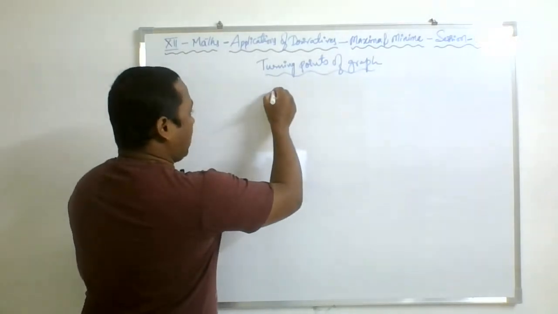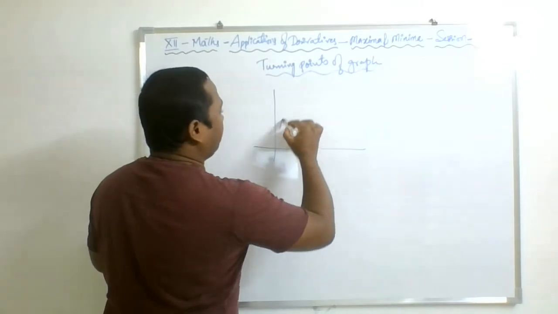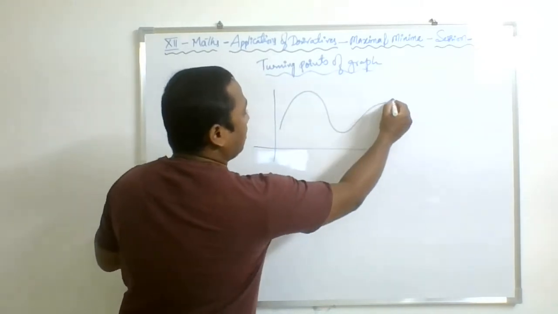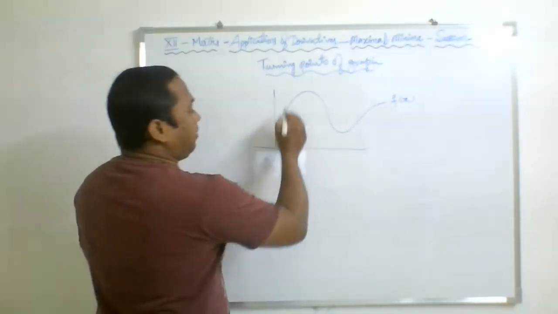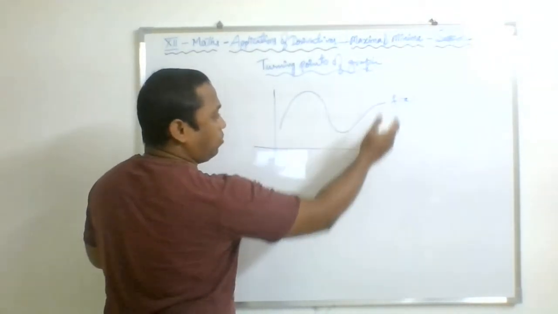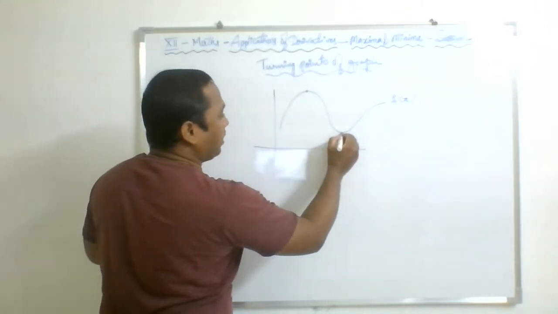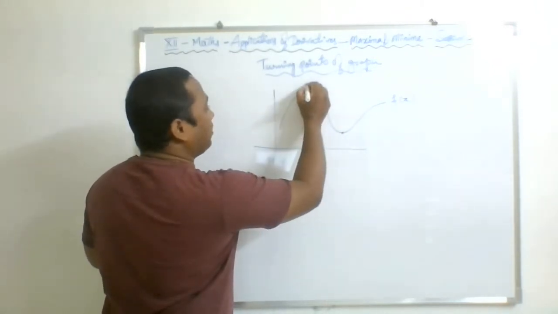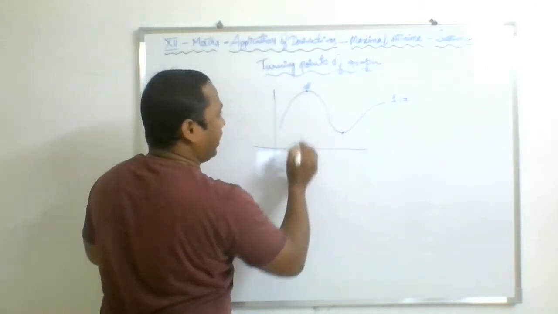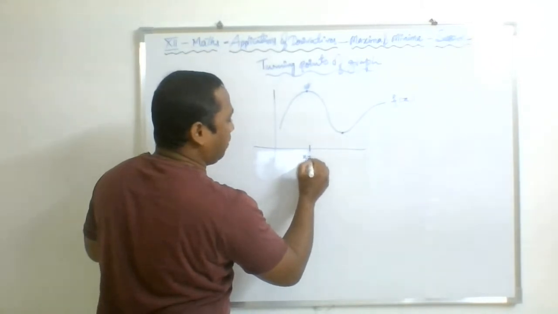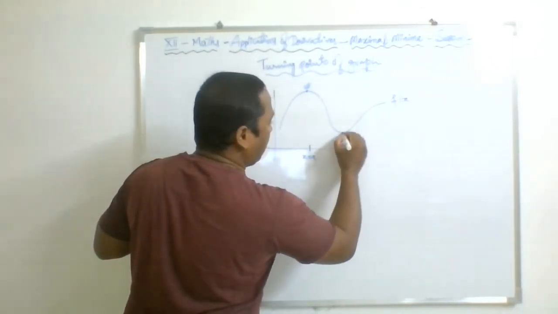Okay, I am taking a random graph, f of x. If you see between these two endpoints, this is a turning point and this is a turning point. Let us say the turning point is at x equals a, and the graph takes a turn at x equals b.